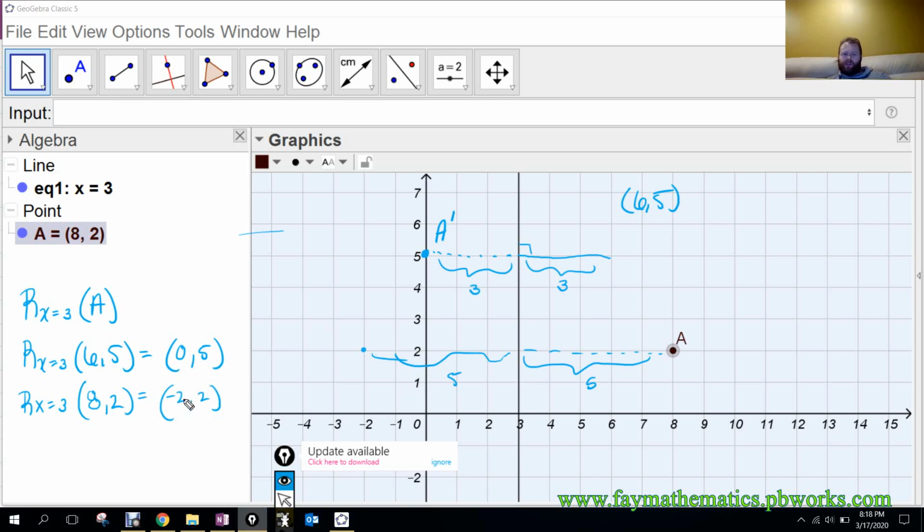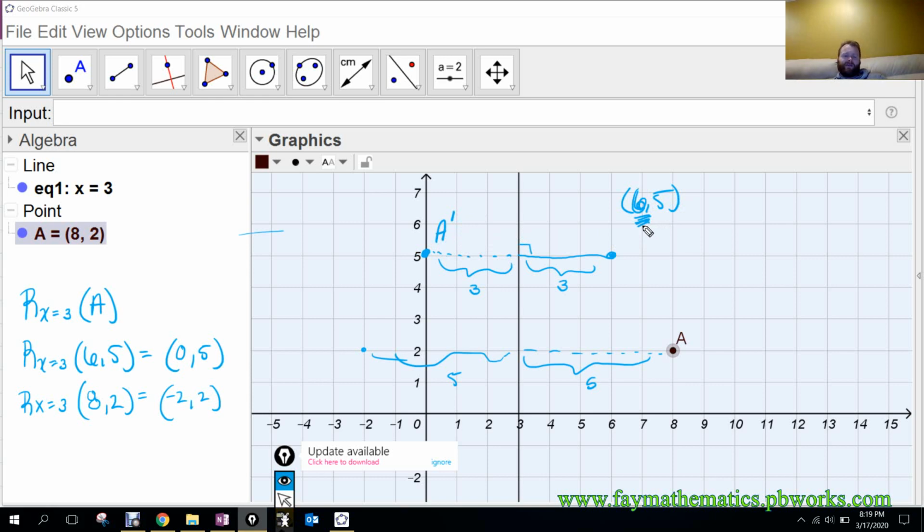Okay. So let's kind of talk about this real quick. How do I get that? How do I do this a little bit quicker algebraically? Well, if you think about it, what we were subtracting from, so when I started A being right there, we started with that 6. And when A prime went there, I got eventually 0. That was the x value was 0. So I took that 6 and I had to subtract 6 from it to get 0.